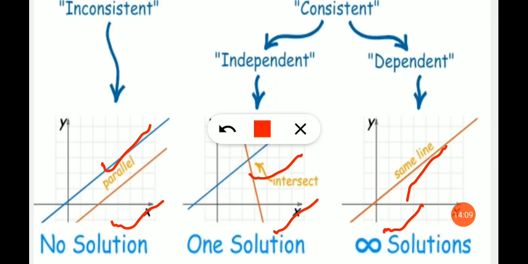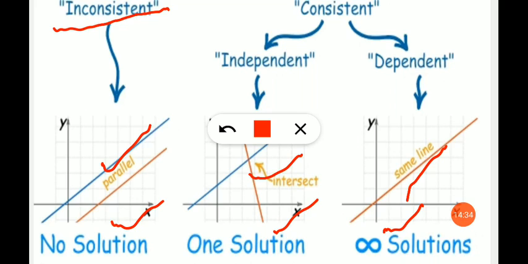So when we don't have a solution, that pair of lines or pair of equations is known as inconsistent. When there is no solution, when a solution does not exist, then the lines or the equations are inconsistent.